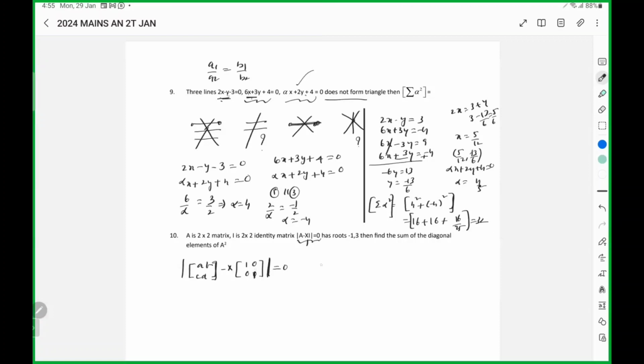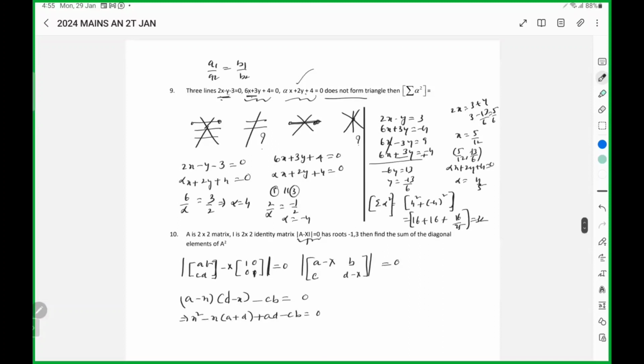So for this equation, A minus x, B, C, D minus x. Its determinant is 0. A minus x into D minus x minus CB is 0. So x square minus x into A plus D plus AD minus CB.